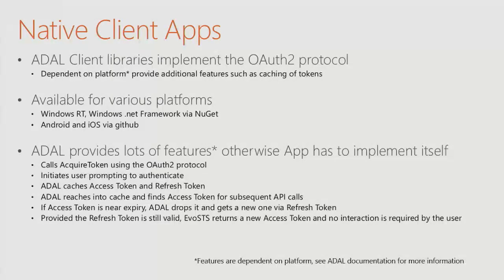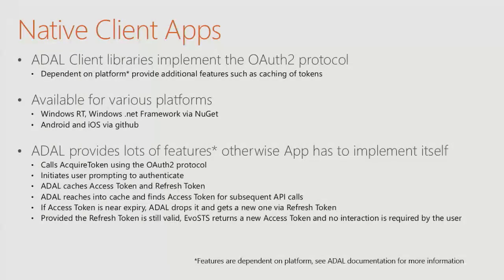So if you want to write a Windows Store app, we have a client library. They're all basically called under the umbrella of Active Directory Authentication Library, or ADAL. So they basically deal with all these semantics about the refresh token, the access token, initiating the flow. So you don't have to do this in your application if you can use one of these client libraries.